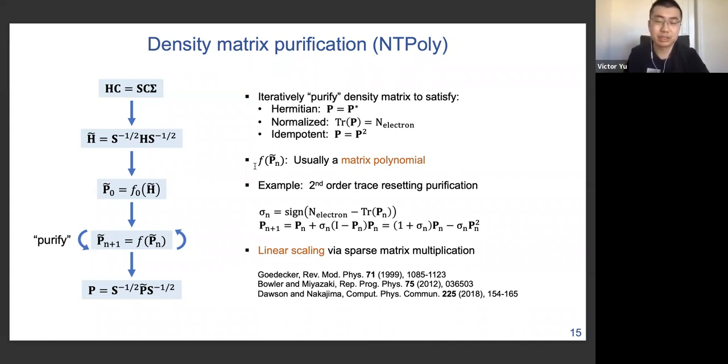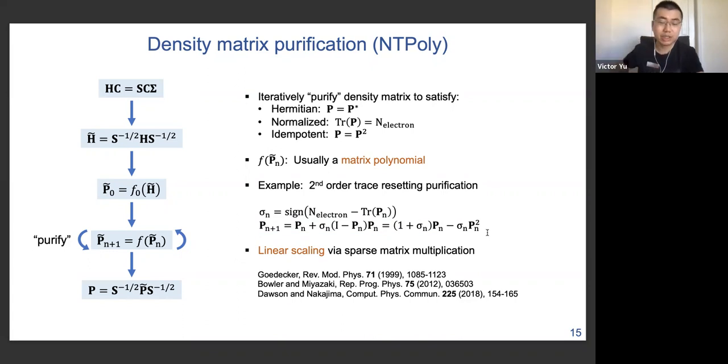The purification function is typically a matrix polynomial. One of the most widely used examples is the second order purification formula, which is very simple, like this. As you can see, it involves basically nothing but matrix multiplications, because it needs to compute the square of this trial density matrix.